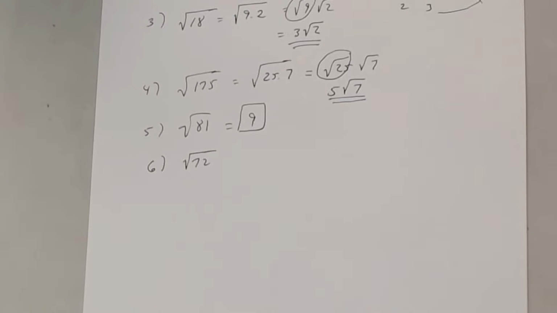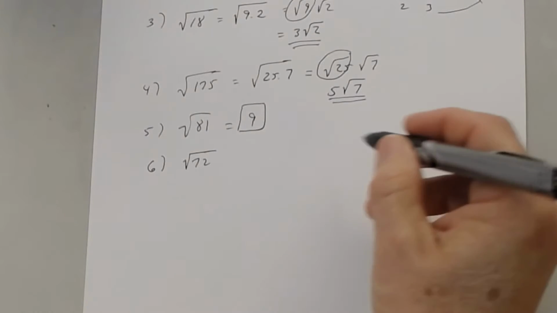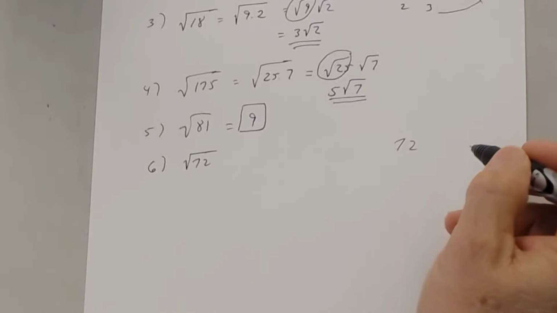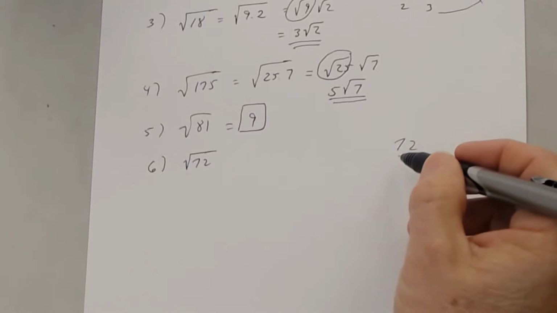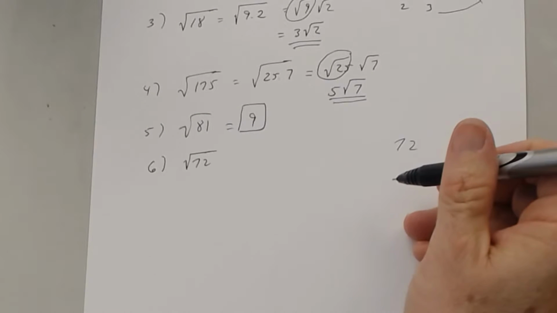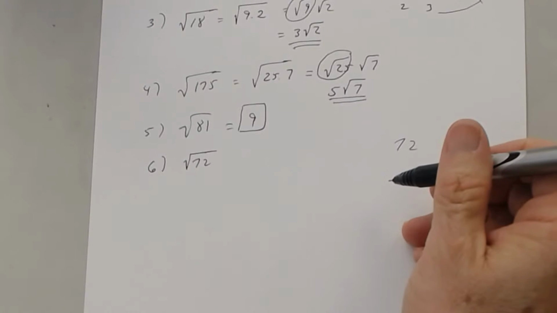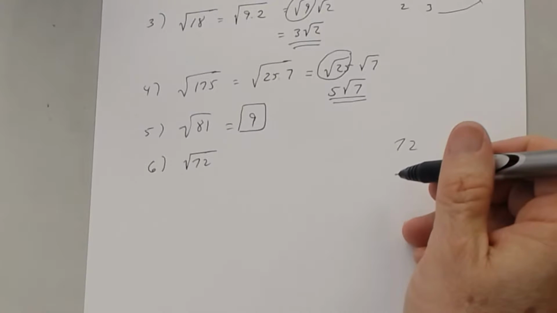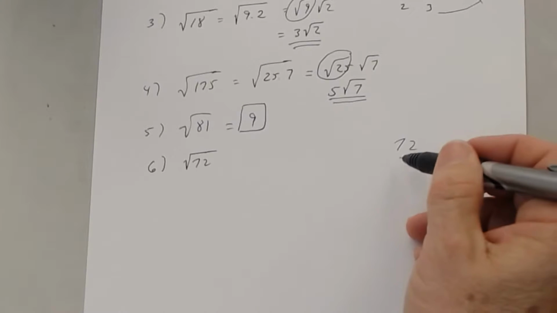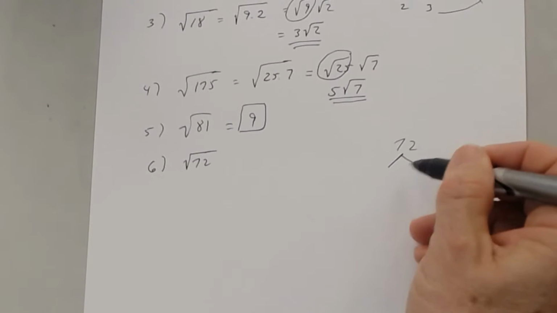Is that the largest? All right, let's think about this. Here's the way you want to think about this, okay? So you said we have 72. Y'all agree? All right. So in your mind, you're saying, I think 9 is a perfect square. I don't know if it's the largest, but it is a perfect square that will go into 72. 9 times what is 72?